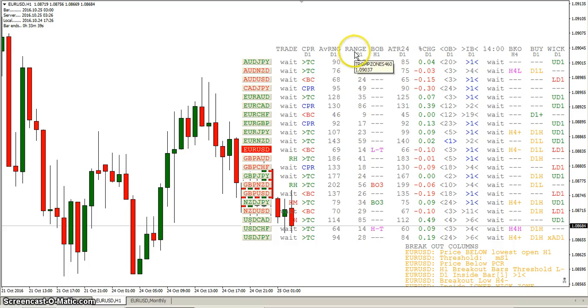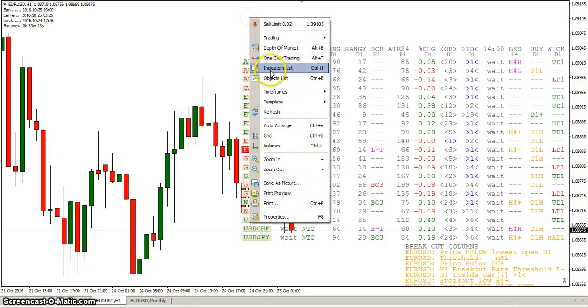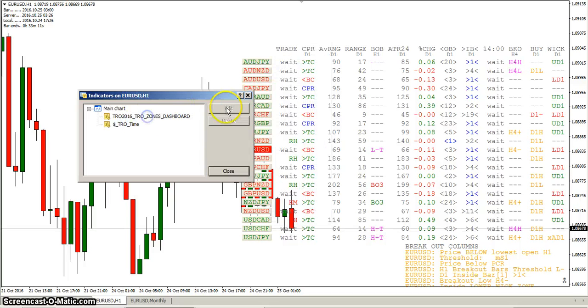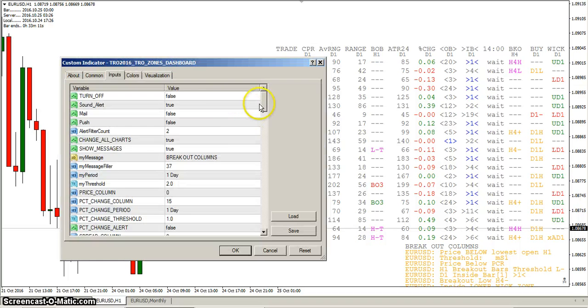You will also get the current daily range, and you get the ATR 24. Remember, I put 24 there. I guess I probably should show it here, so you would know. But there it is. And you can see there's a slight difference, but not much, between the average range and the ATR.